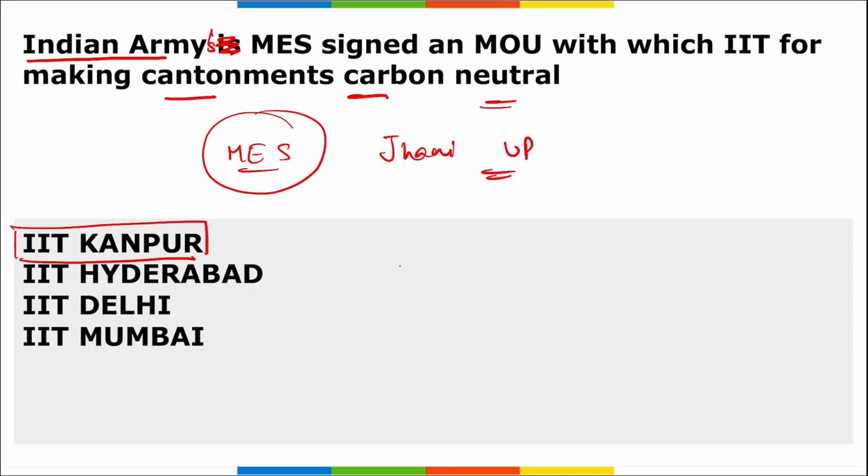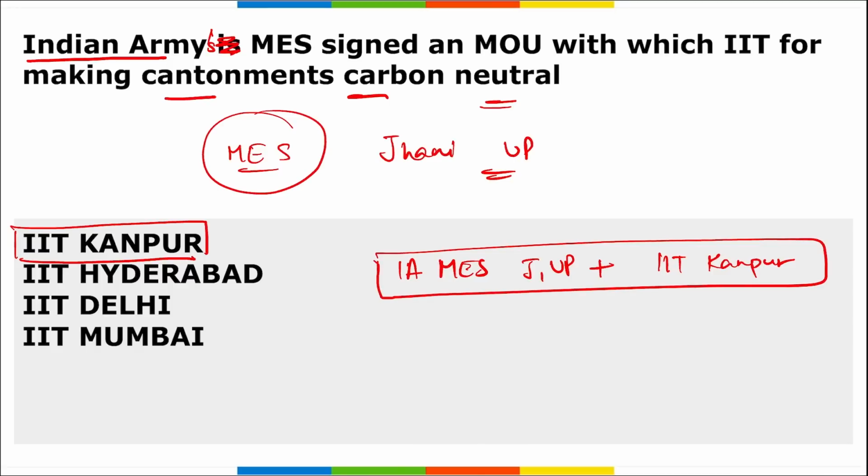Correct? So Indian Army's MES of Jhansi, UP, have signed an MOU with IIT Kanpur in order to convert the campuses or the cantonments of the Indian Army into carbon neutral campuses. Correct? Under this, 5 MES of Jhansi cantonment campuses will be converted into net zero carbon, net zero energy, net zero water, and net zero waste campuses in a phased manner.